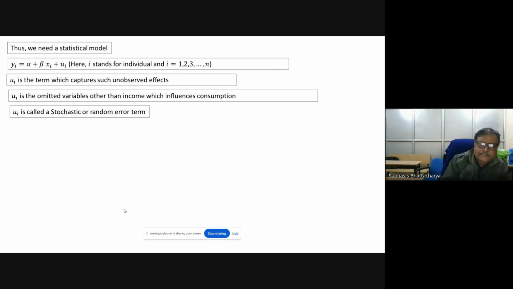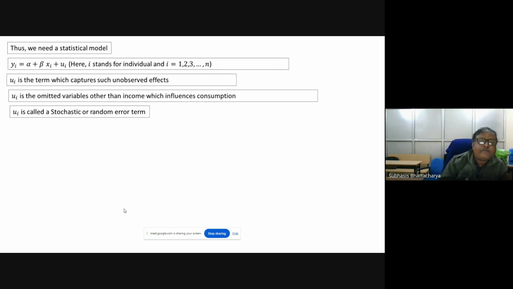To the poor person, taste and preference is not very significant; its probability is low. But to a rich person, taste and preference is important. So if you collect individual data, for a rich person the variables like taste and preference have some influence in terms of probability, but for the poor it has a separate probability to come into the choice set. So the variable UI, or the unobserved effects, is stochastic.